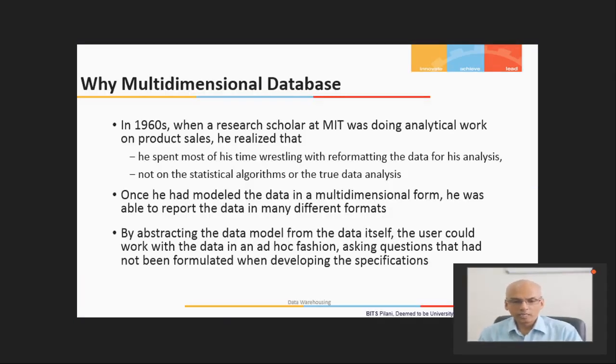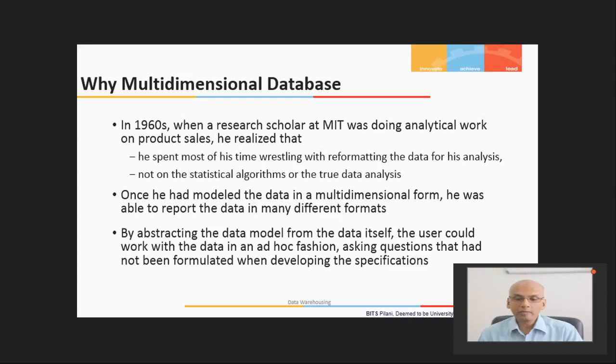So we first look at something that happened in the 1960s when they realized the importance of multidimensional databases. When research was going on in MIT on how to improve product sales, they realized that the person doing the analysis was spending a lot of time reformatting the data which he had received in possibly conventional format.